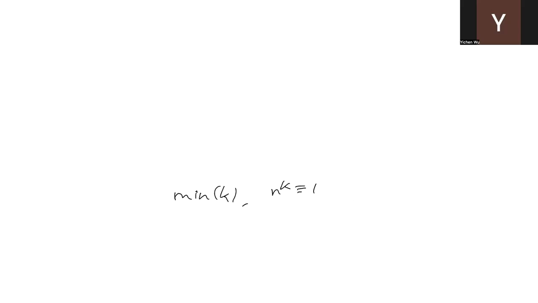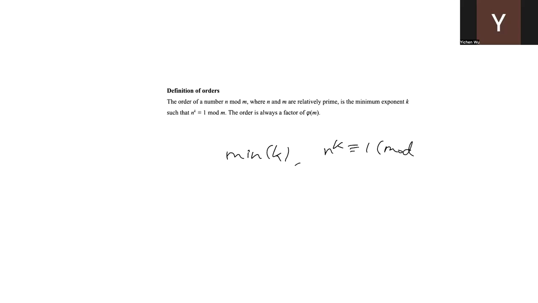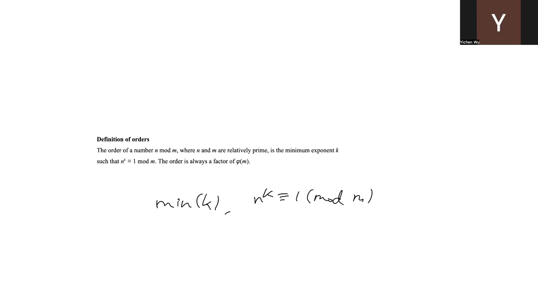The definition of order is the minimum k such that n to the k equals 1 mod m. And this must always be a factor of phi of m. Any questions about this before I give the proof? Okay, I assume no questions.